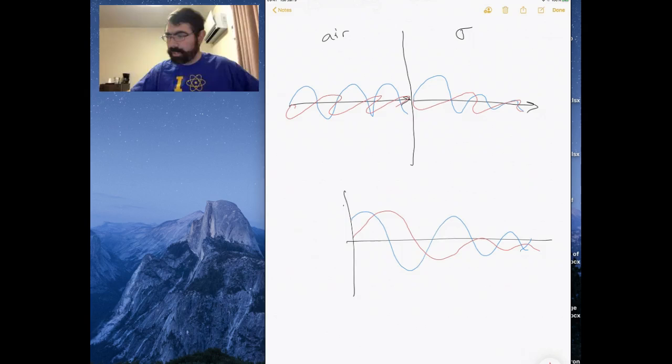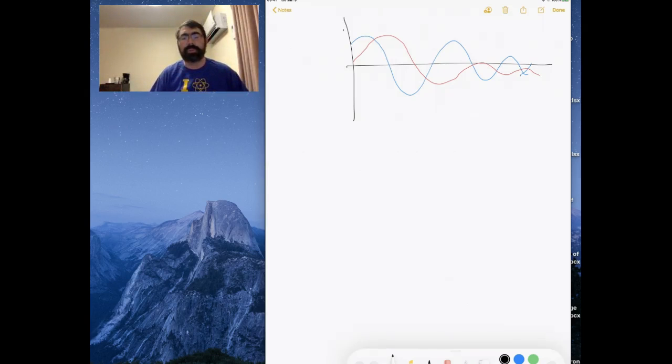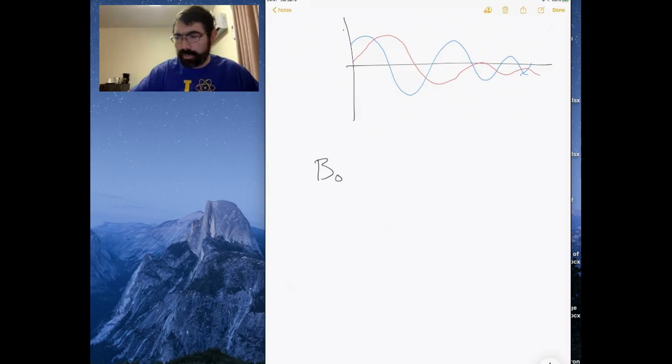So the last thing that we can do is, now that was the complex part, the imaginary part, we can relate the amplitudes, because we can now say that B0 is equal to capital K over omega times the electric field's amplitude.